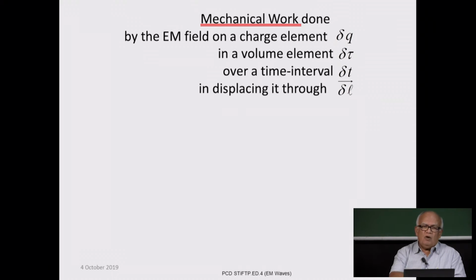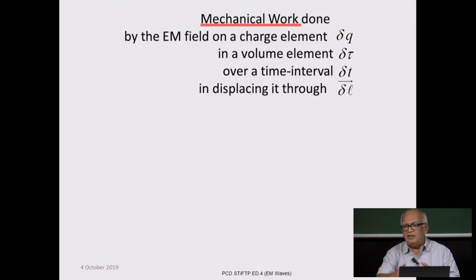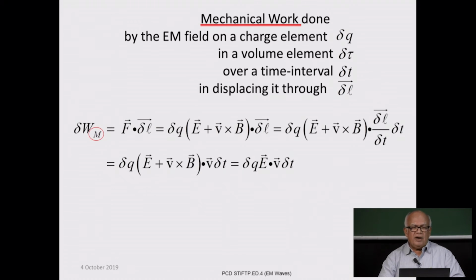So what is the mechanical work done by the electromagnetic field on a charge element delta q, in a volume element delta tau, over a time interval delta t, in displacing it through a displacement vector delta L? This is the mechanical work that we will now investigate. So this will be the work done by the electromagnetic field. It is force times displacement, the dot product, right?